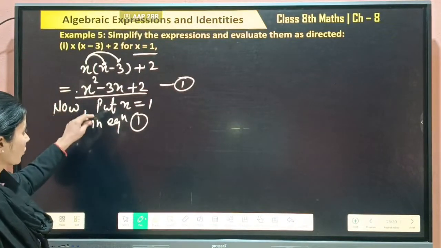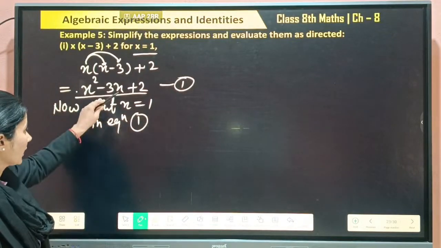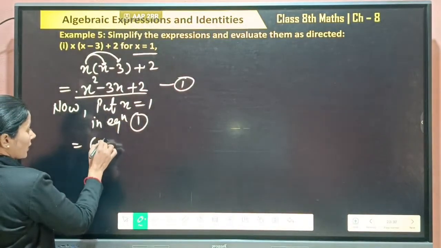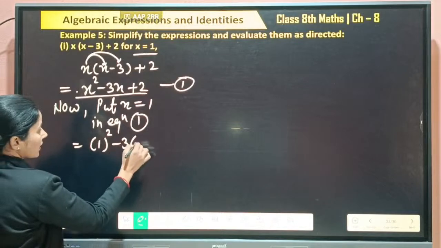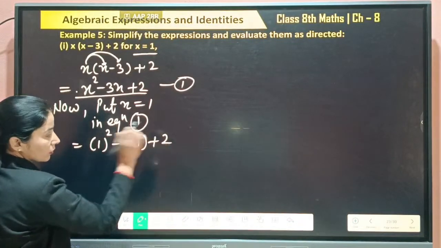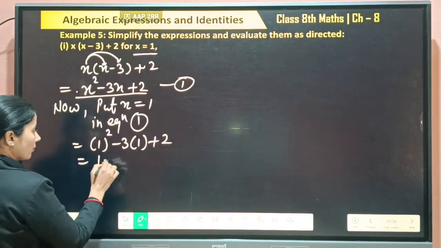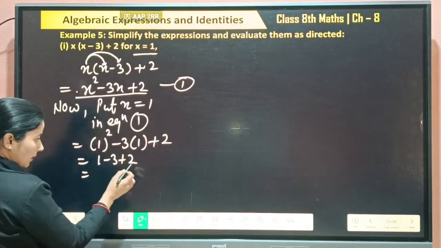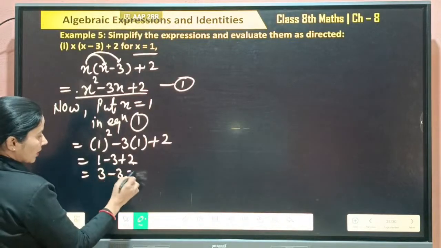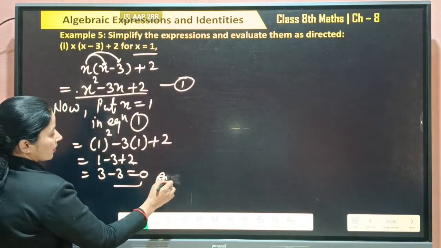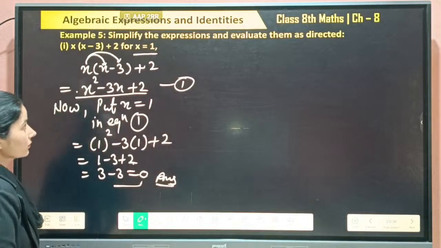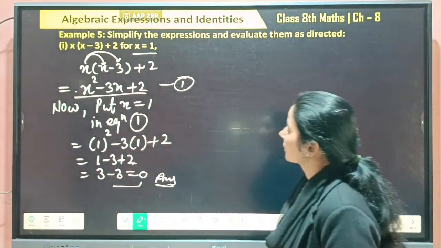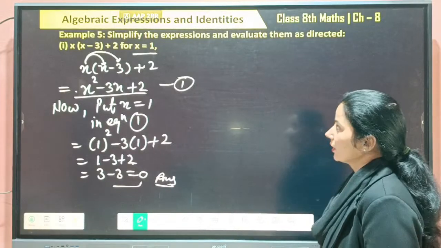Now put x equals 1 in the same expression. It will be 1 raised to power 2 minus 3 into 1 plus 2. So it will be 1 minus 3 plus 2. 1 plus 2 is 3, minus 3. Answer is 0. Example number 5 is completed.